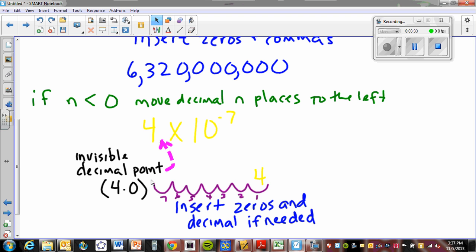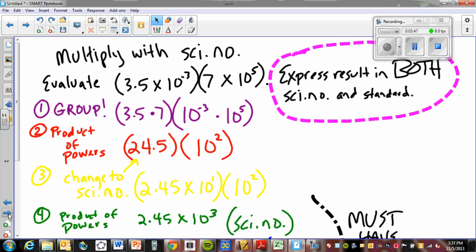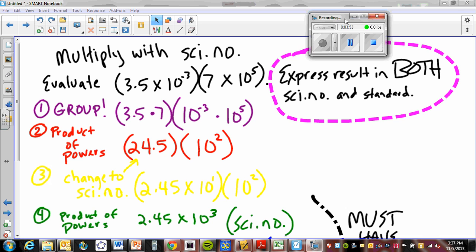Insert our zeros and move our decimal over there. And our number now looks like this. And that's how you go from scientific back to standard. Now comes everything we've learned so far applying to scientific notation.